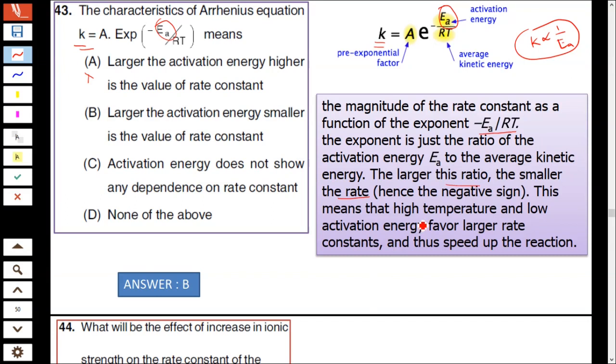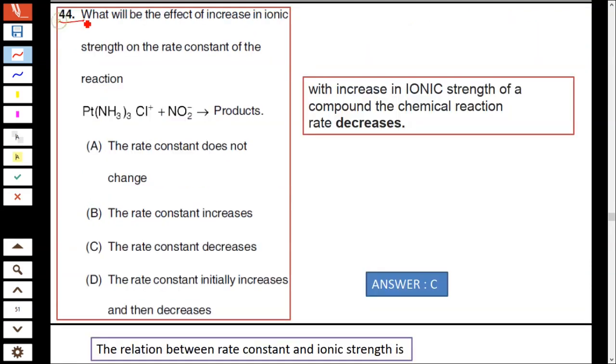This means that a higher temperature and low activation energy favor a large rate constant, and K is directly proportional to temperature. This you have to remember. Hence option B is correct. Larger activation energy, smaller is the value of rate constant. Activation energy does not show any dependence. C is ruled out. D is ruled out. Answer B is correct.